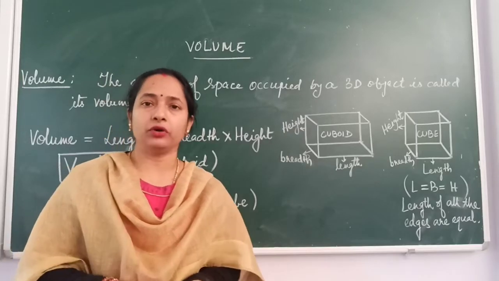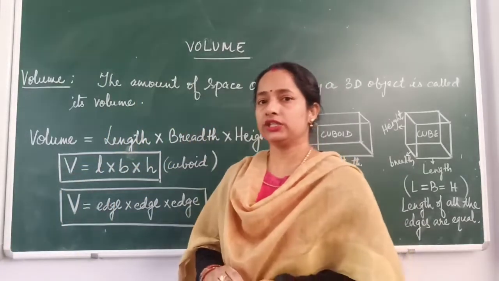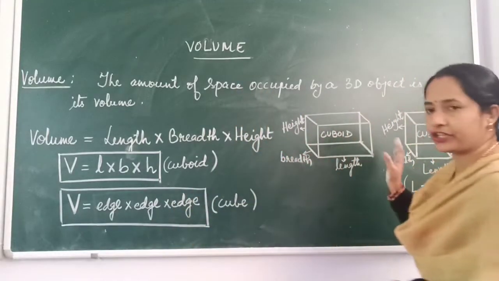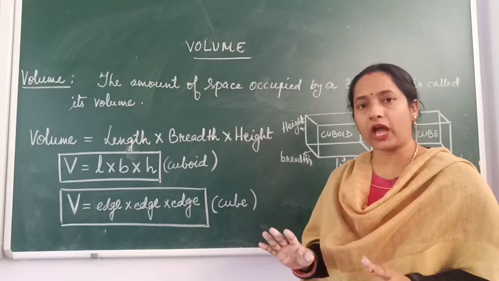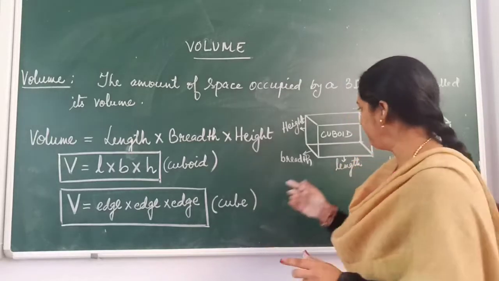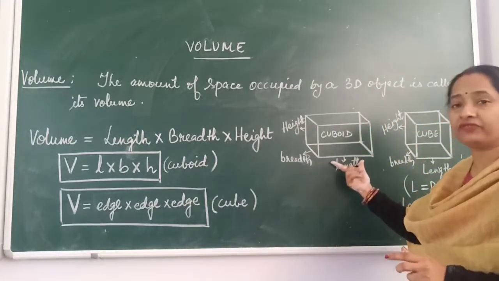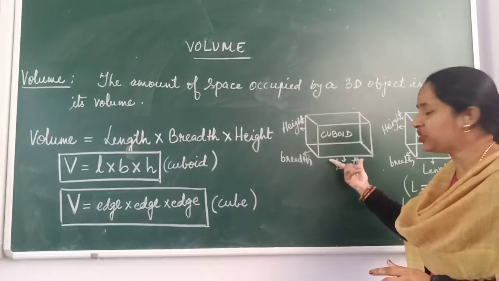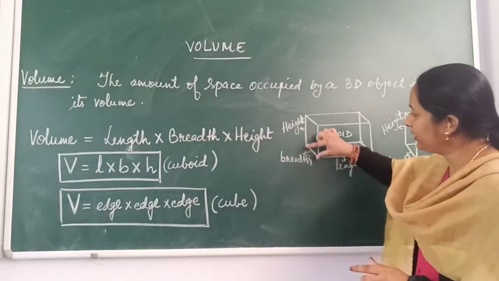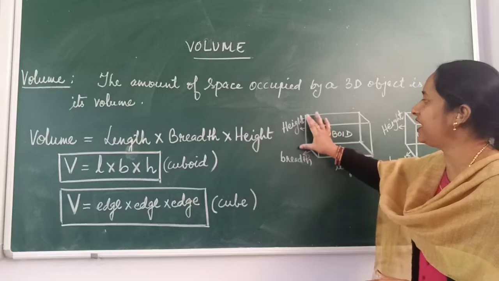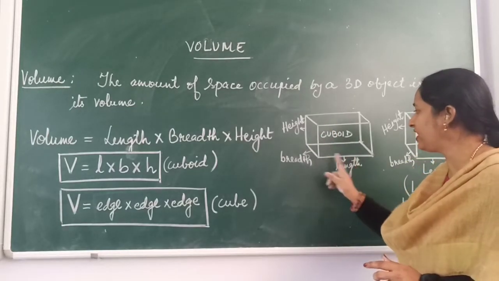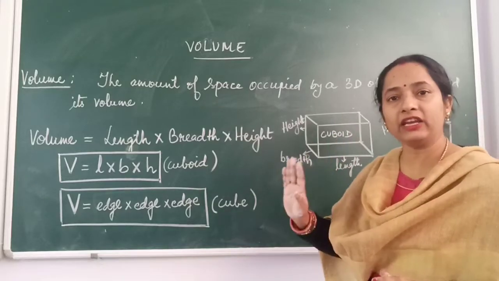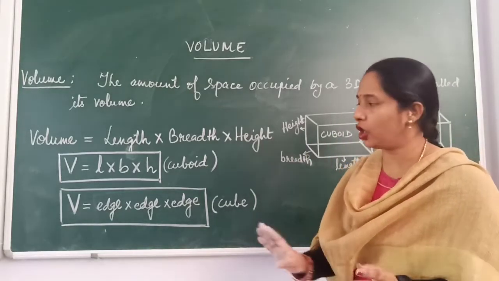Now in general, whenever a cube or a cuboid is given, how can we find their volume? Simply by multiplying how many units the length is, how many units the breadth is, and how many units the height is. If you multiply the units of length, breadth and height, then you get the volume of a cuboid or a cube.